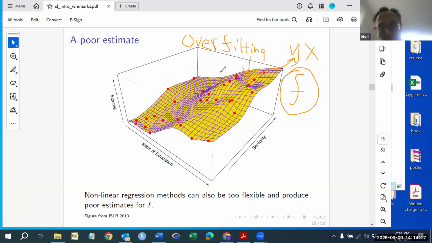If you include this epsilon, if you are estimating the y, which is f plus epsilon, that actually makes the model performance worse when that model is applied to a new data set. Because the best model is the one that estimates the f correctly, not the one that estimates the y correctly. So that's called overfitting. That's why I said this is a poor estimate. So make sure you understand that.